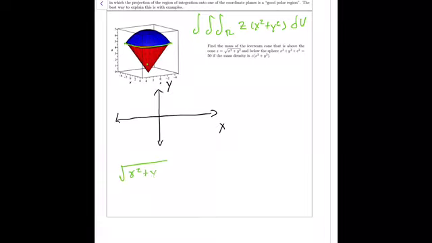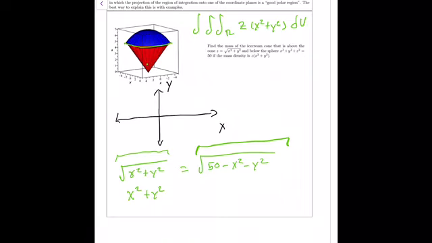So in other words, the square root of x squared plus y squared is going to be equal to the square root of 50 minus x squared minus y squared. The left side is the equation for the cone, and the right side is the equation for the sphere if you solve for z.